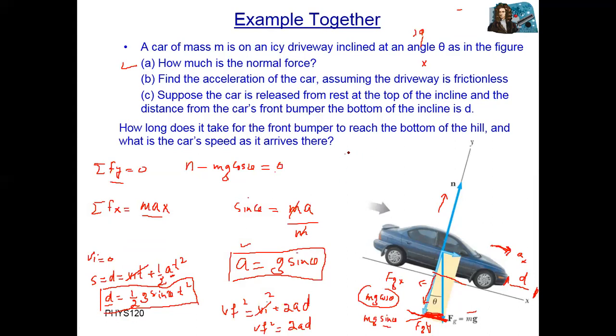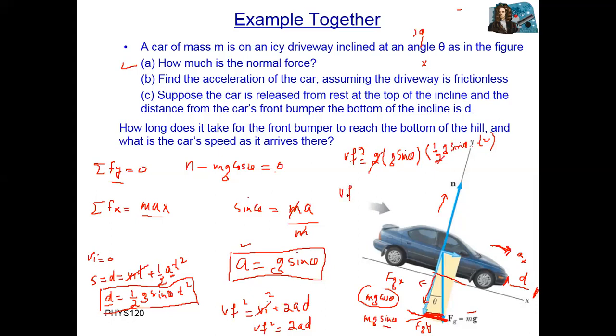We have Vf square is equal to 2ad. What is a? a is actually g sine theta. And what is the value of d? We have 1 over 2 g sine theta multiplied by t square. So this 2 cancels with this 2.